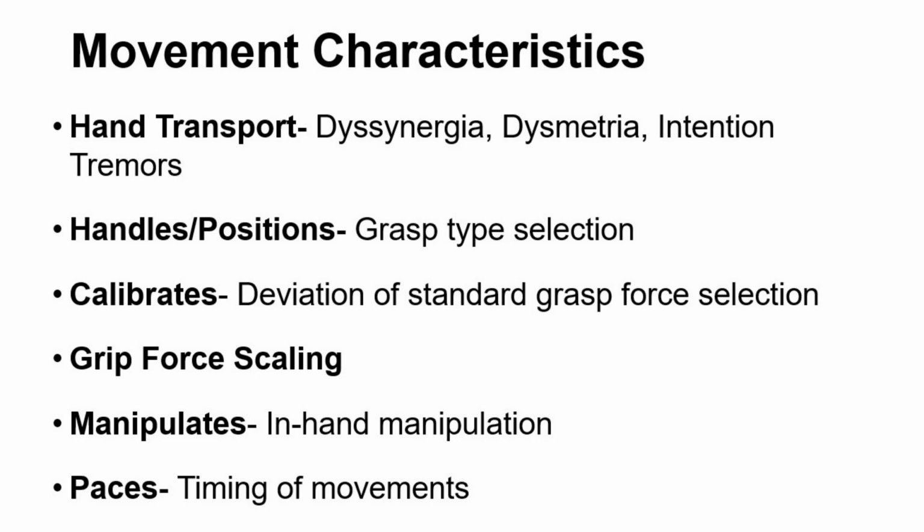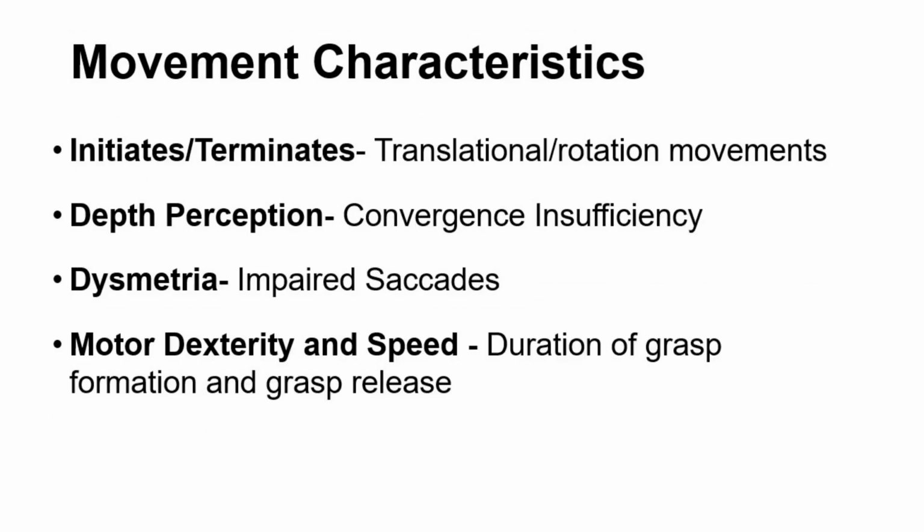Movement characteristics include hand transport, dyssynergia, dysmetria, and tension tremors. The handling, positioning, the grasp type selection, calibrates the deviation of standard grasp force selection, grip force scaling, manipulates in-hand manipulation, paces the timing of the movements, initiates and terminates the translational rotation movements.